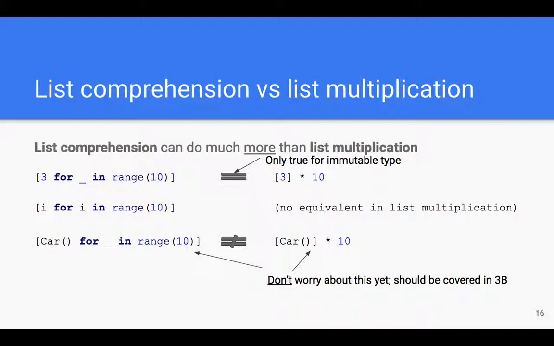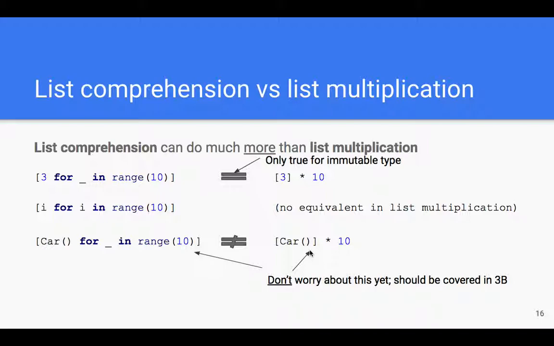Immutable types, if you remember, are like integers, strings, etc. Now, if you have mutable types in the expression, for example, you created an instance of a car in the list comprehension versus creating a single car in a list and multiplying it 10 times, they end up being different, although at first glance they do the same thing.